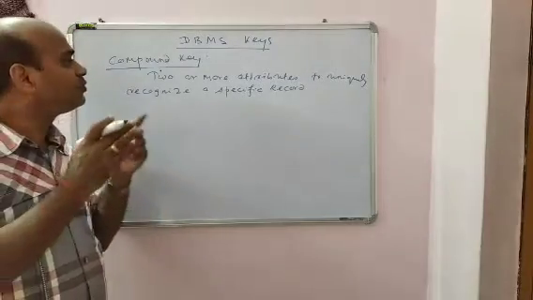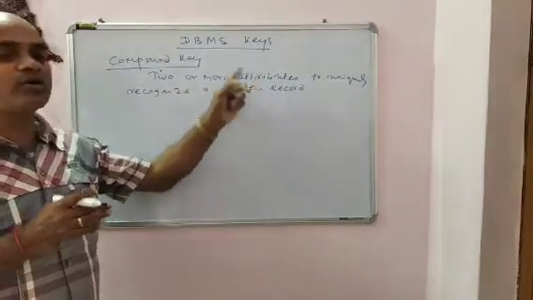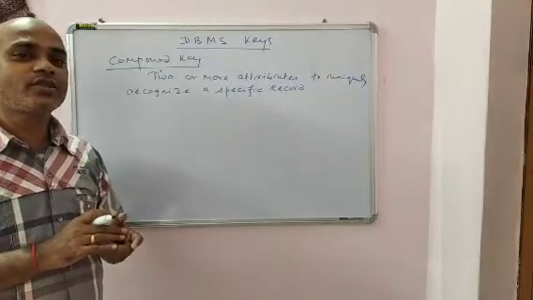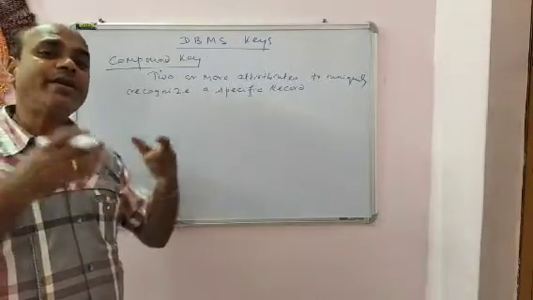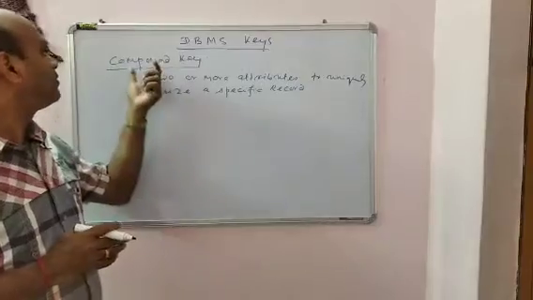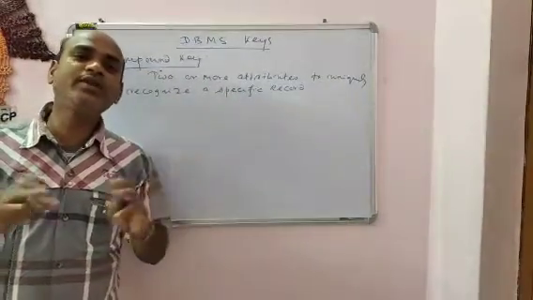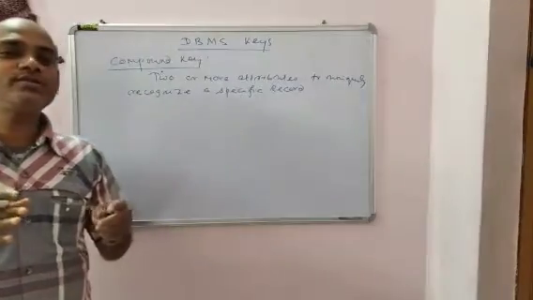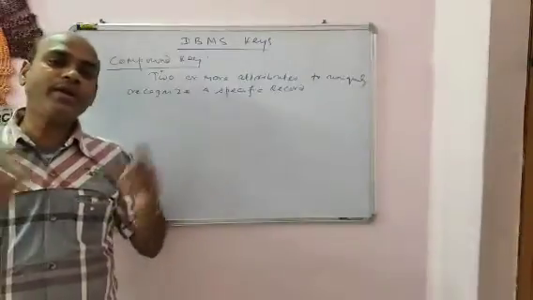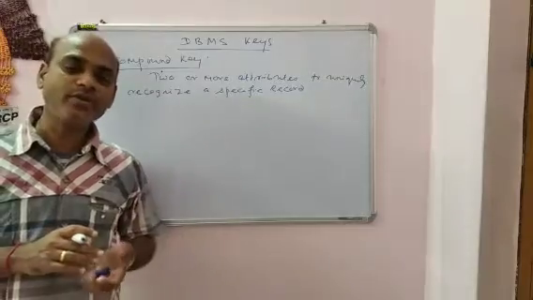A combination of attributes, if they are uniquely identifying a record, is the compound key. Compound means combination: more than one key, combinedly, will identify a particular record.